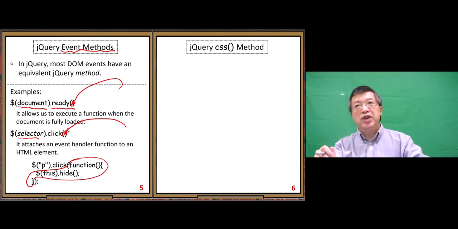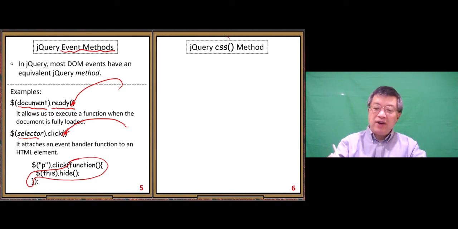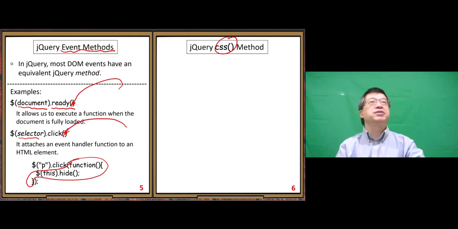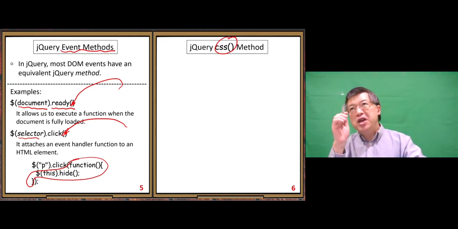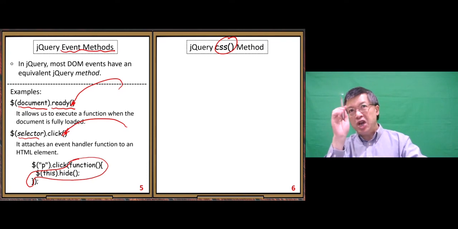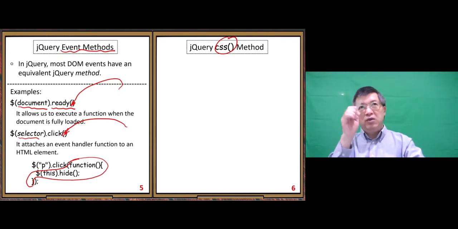Next, the jQuery CSS method. This method is also very useful. You can change CSS properties. Sometimes you need to change some of the CSS properties. This way makes that change very easy, much easier than regular JavaScript, which could be very complicated.